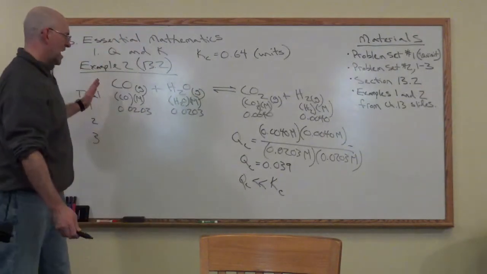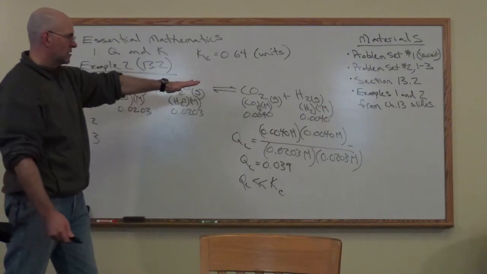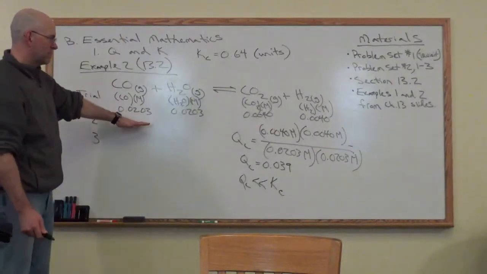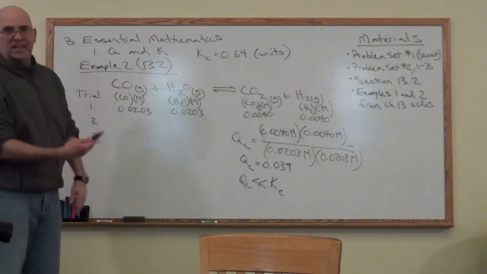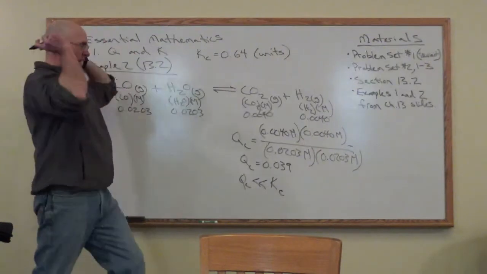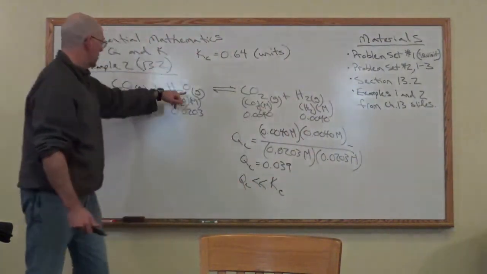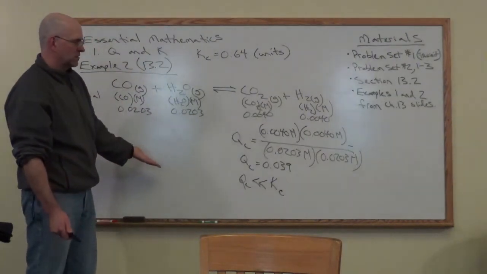So we're really going to have to push this equilibrium to the right. So we'll have to make the denominator a lot smaller. Okay, so you get the idea. So this is going to have to be a shift to the right to produce more CO2 and H2 and less of those two. It's basically the same thing as the last one, to shift right.